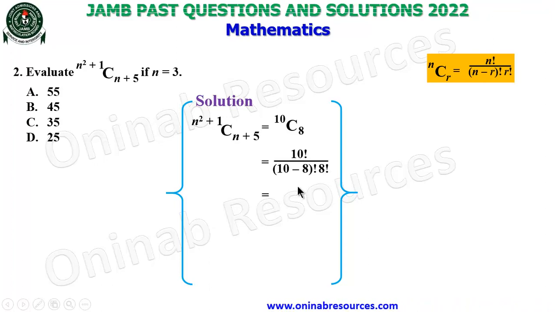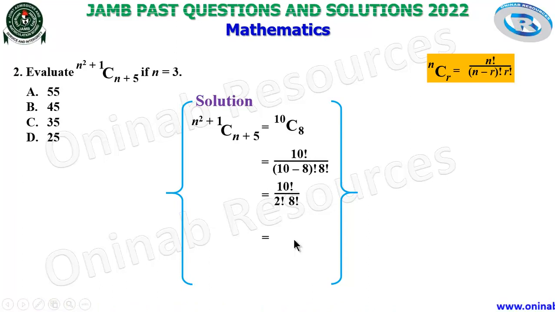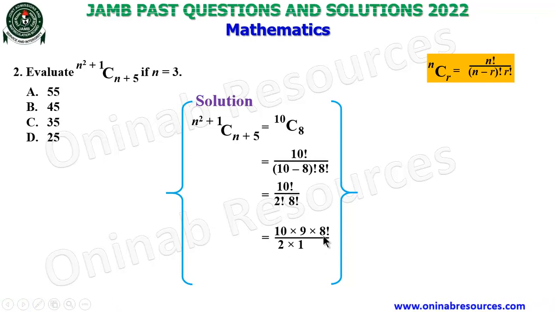That's going to give us 10 factorial over 2 factorial then 8 factorial. Remember, you can simplify from your calculator, but by expansion, this means 10 times 9 then times 8 factorial, since I have 8 factorial in the denominator, and 2 factorial is 2 times 1 then times 8 factorial.